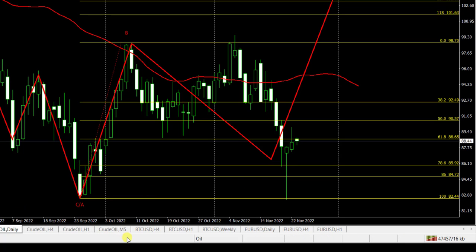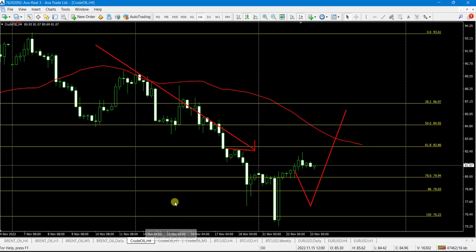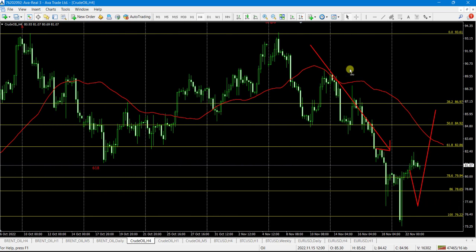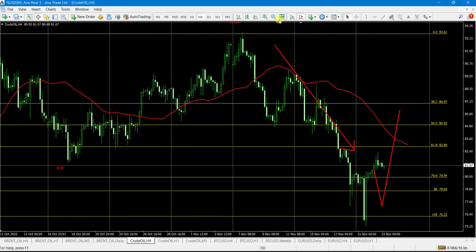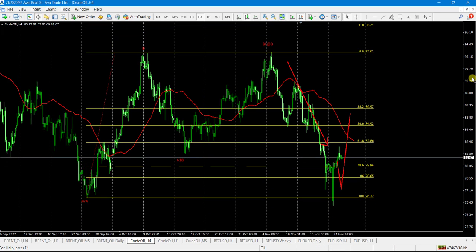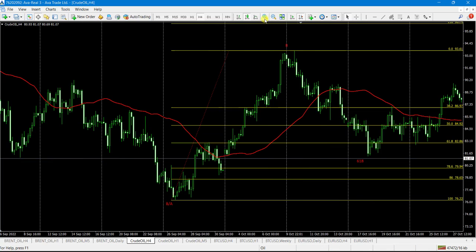Okay, let's look at crude oil 4-hour chart. Scrunch this up again quickly. You can see here that we're still in the same AB swing. AB, B failure, price ran right down to the A low.